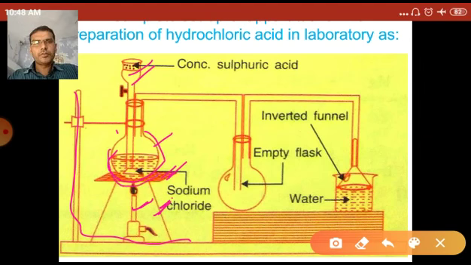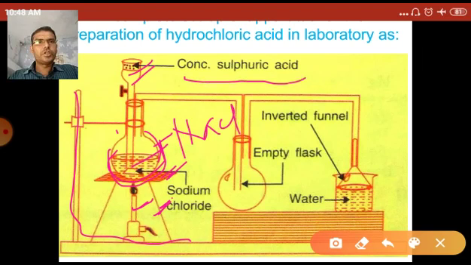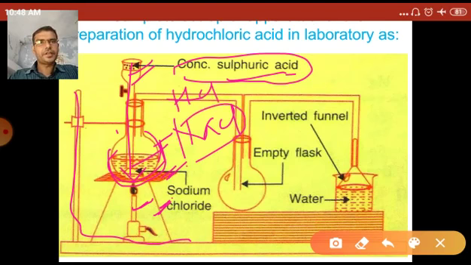So in the round bottom flask we take NaCl, sodium chloride crystals, and add the conc. sulfuric acid through the thistle funnel into the round bottom flask. Now the conc. sulfuric acid reacts with the NaCl, and they produce HCl gas. Here the HCl gas is dried in the conc.